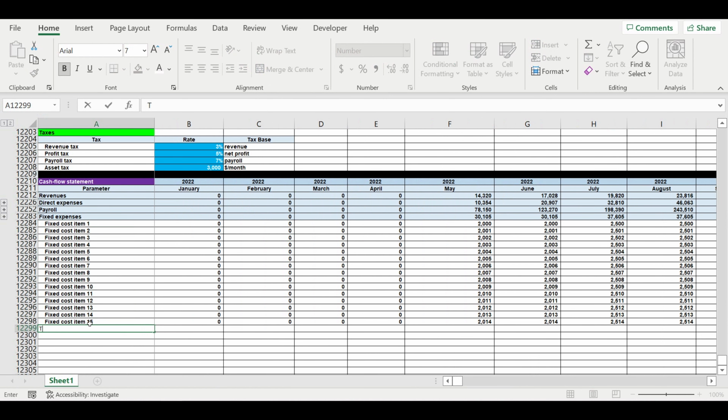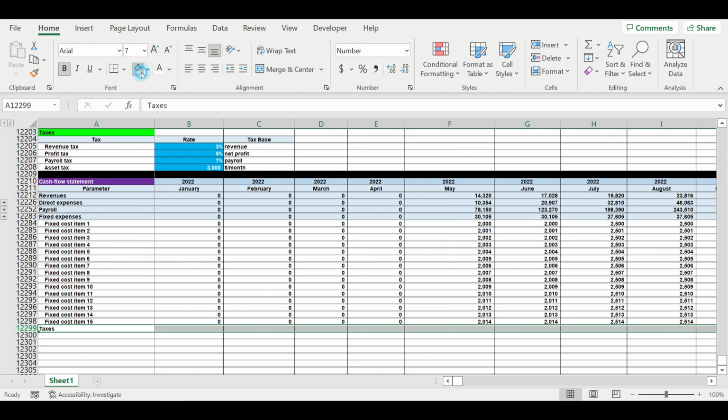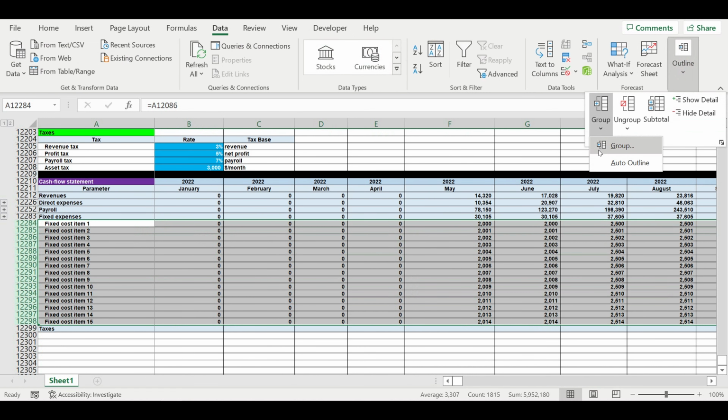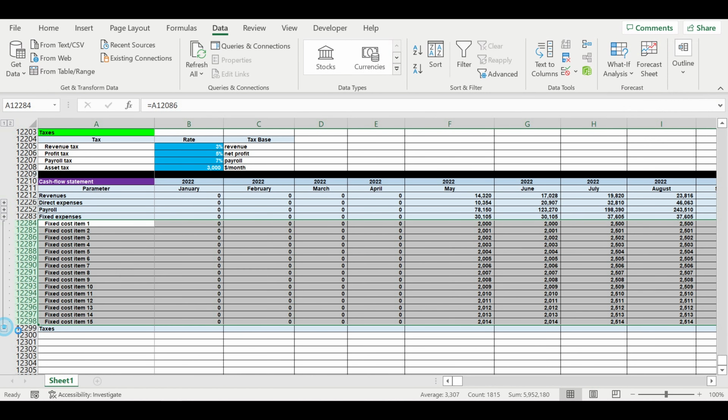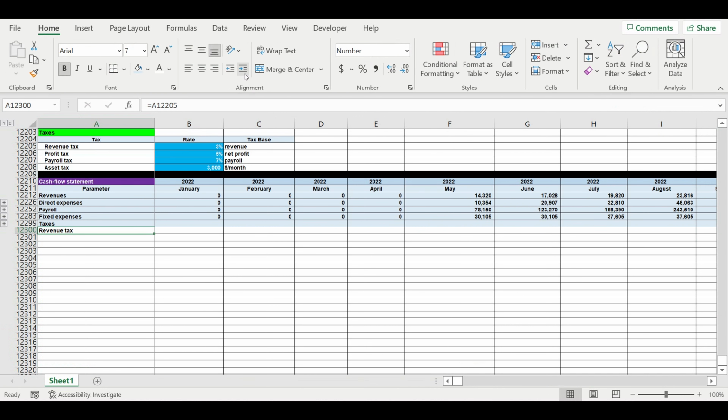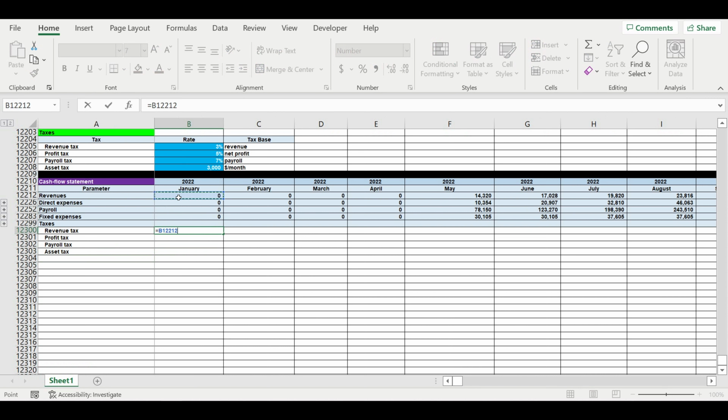Then we create a block for taxes. So here we will place the taxes. So this will be the revenue tax.